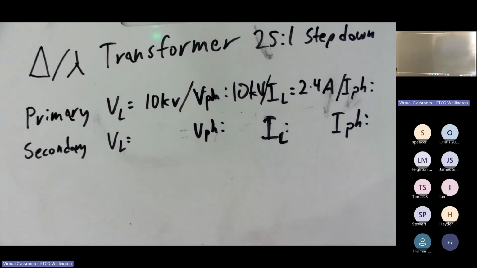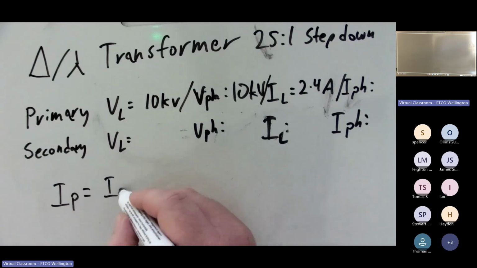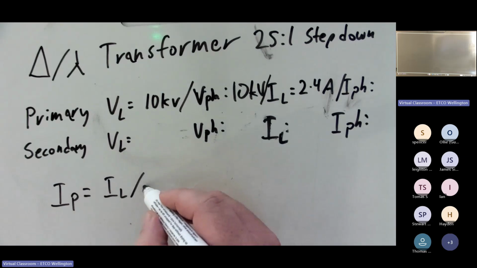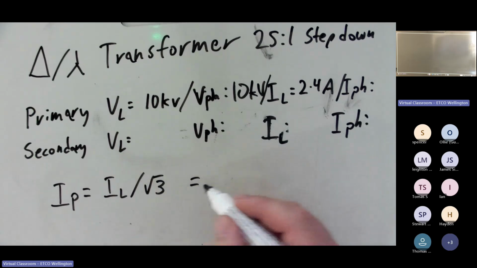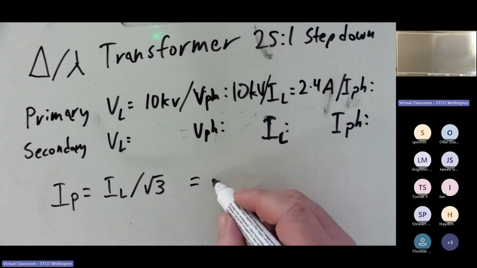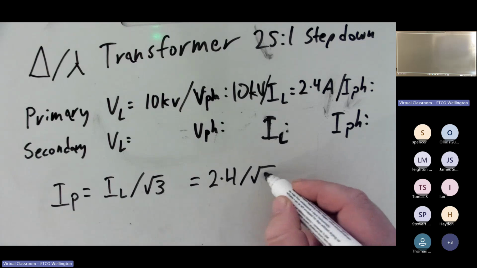But then we need to work out our I phase. So to work out our I phase, we know that I phase will equal I line divided by square root of 3, which means it's 2.4 divided by square root of 3.